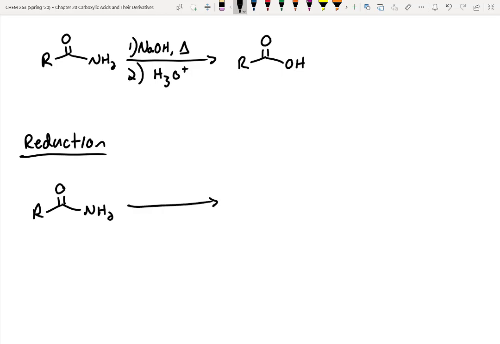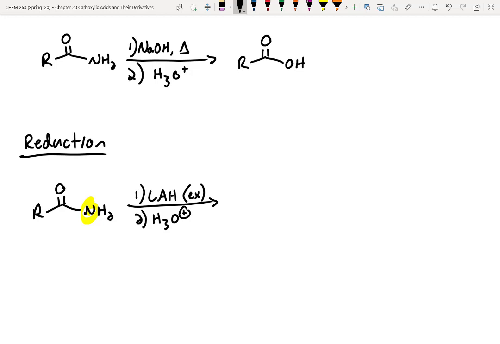And as you can see, this kind of looks like an ester. The only difference here is we have a nitrogen instead of an oxygen, and this implies that we need a strong reducing agent. The strong reducing agent that we know of is LAH, and again, we're going to use this in excess, and we're going to hit this at the end with the dilute acid to ensure that our product is protonated.